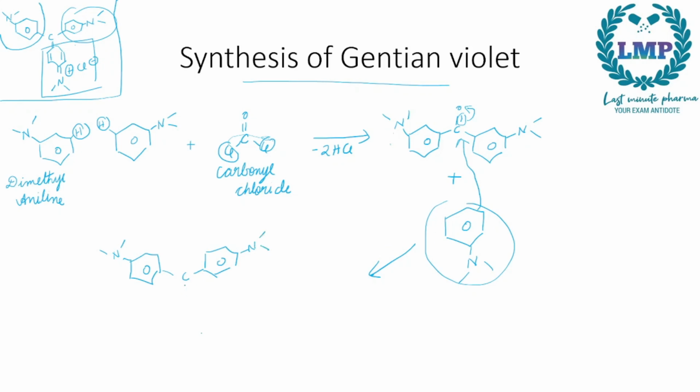Down we need a carbon with a double bond attached to a benzene ring, then again a double bond, nitrogen, two benzene rings. Since the valency is not maintained, a plus charge and a Cl minus. Now this has to be done in the presence of HCl so that you get the Cl minus. So that's all.